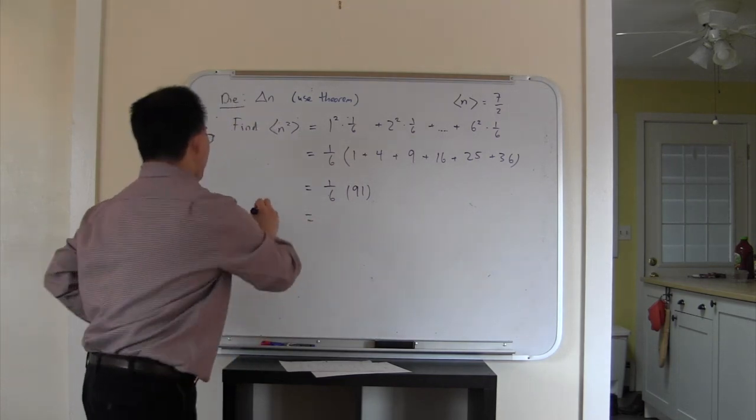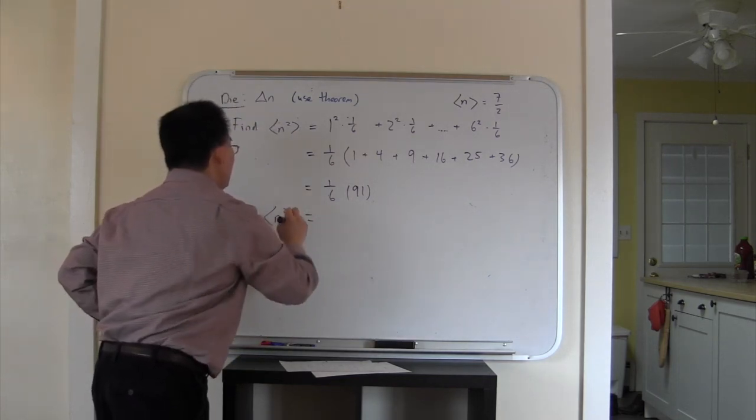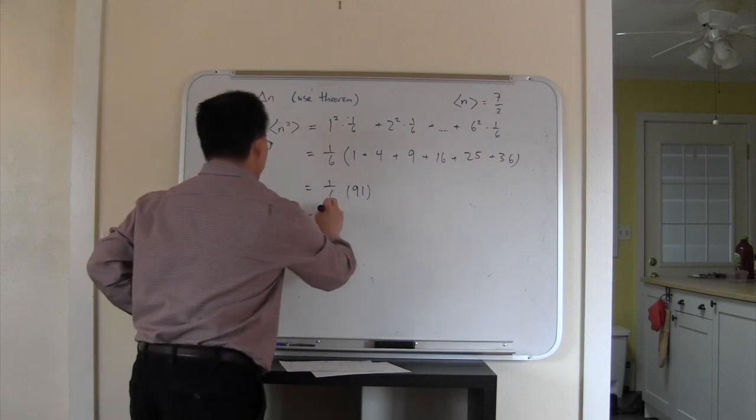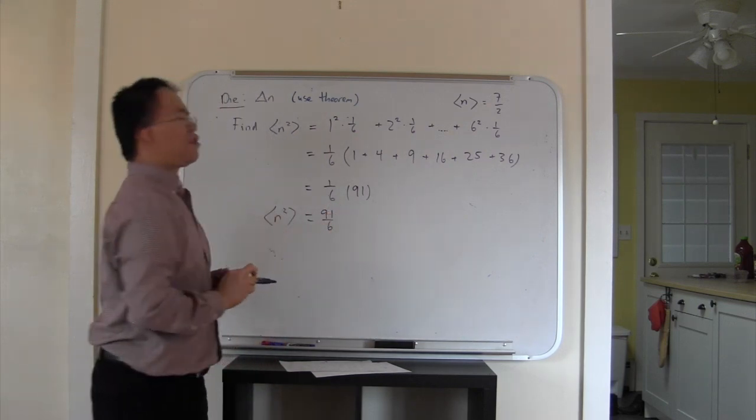So we have the average value of n squared equals 91/6.